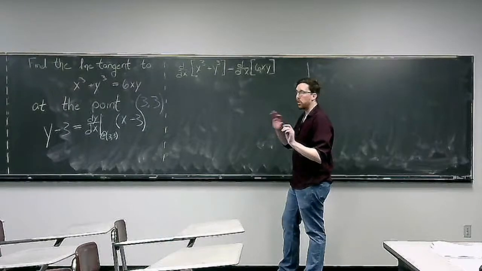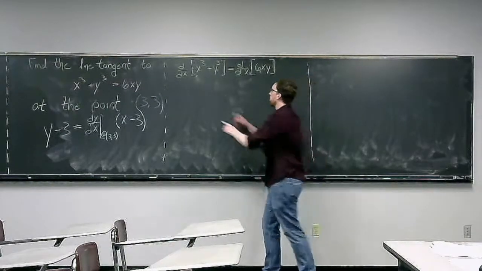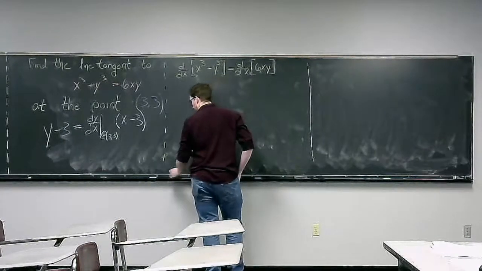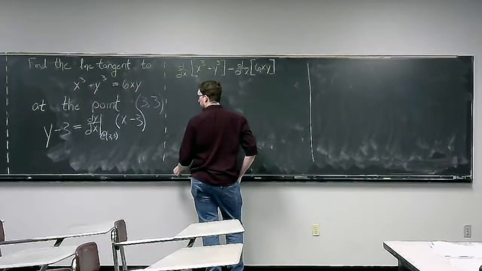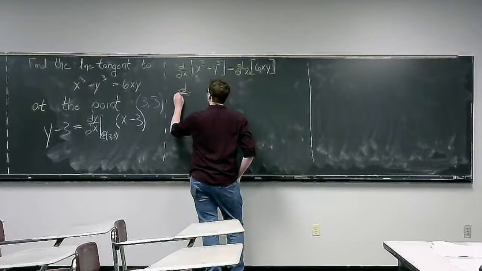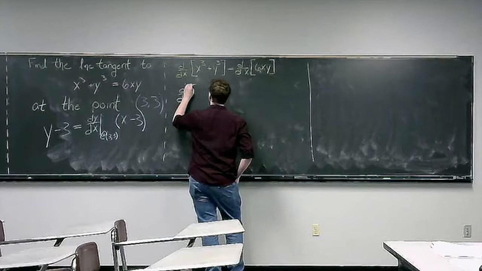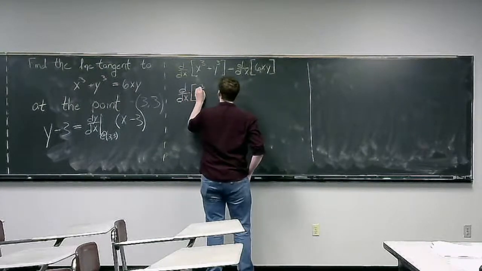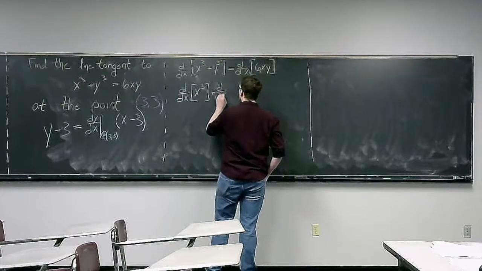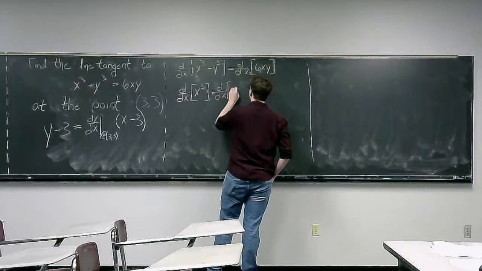We're going to do this all in bits and pieces though. First we're going to split this up and pull that 6 out. I'm going to choose a different color so things don't get confusing. So we have d dx of x cubed plus d dx of y cubed.